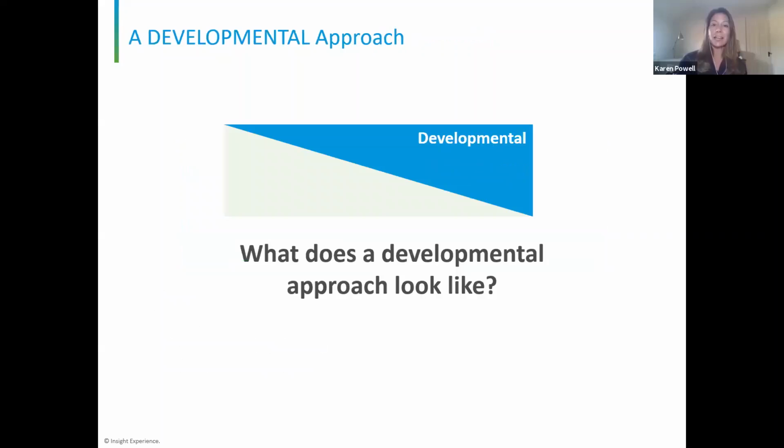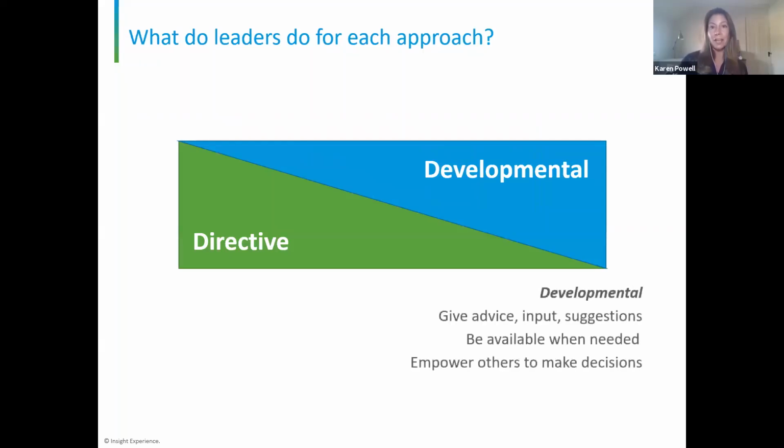If we look then at the other end of the continuum, which is the developmental approach, and think about what this looks like, this is an approach that is far more invested in skill development of the employee. It typically requires more time. And while you continue to give them air cover, you are not supervising each task completion very closely.